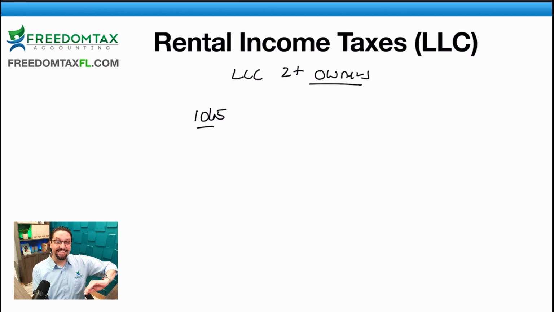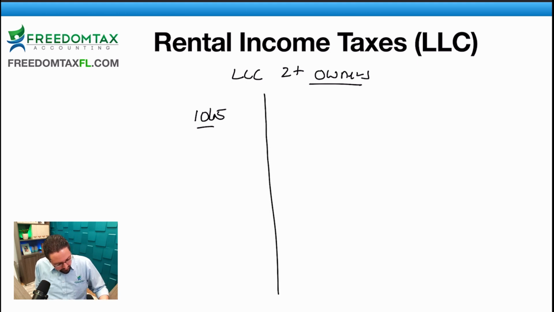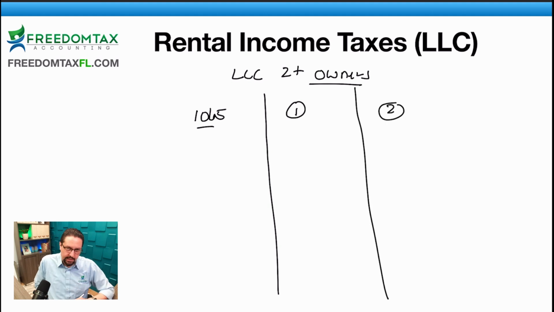This form is a separate form that is not the owner's personal tax return. So you report your rental income under Form 1065.